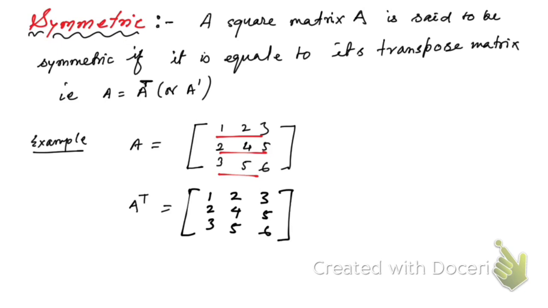So here you see both A and A transpose are equal. So that is an example of a symmetric matrix, right?